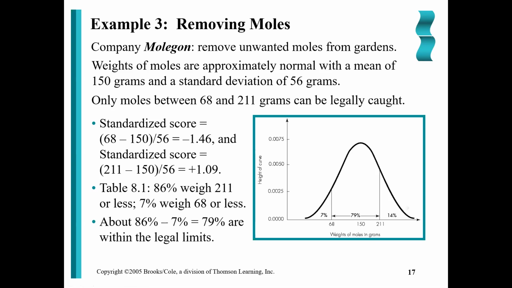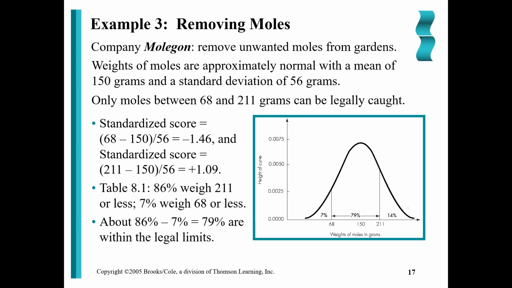So we have to figure out what percentage of moles can be removed. Well, for a mole that weighs 68 grams, we subtract the mean and divide by the standard deviation, and we get a standard score of negative 1.46.